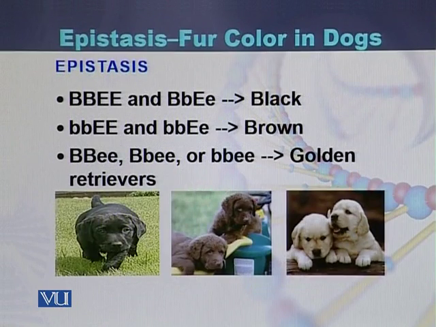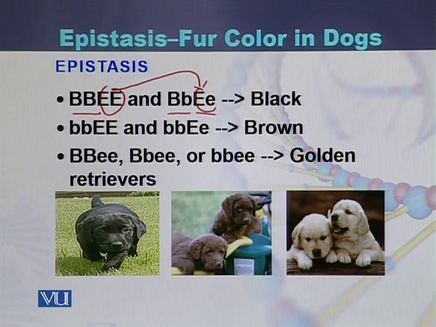If we look at the genotypes, the allele can be in dominant form, here we can see B and B, or it can be BB and EE. This is the second gene, which is responsible for the epistasis function. So here BB is for black.